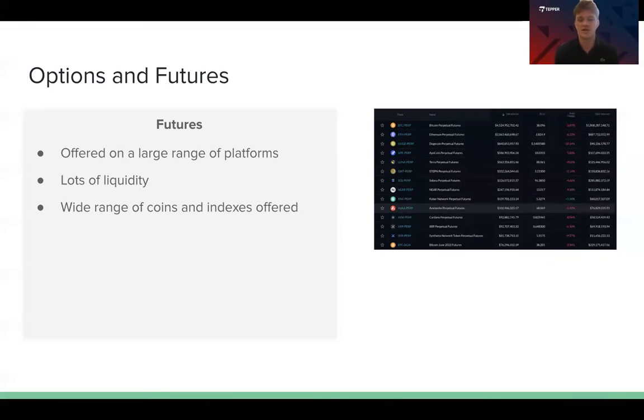For example, FTX offers 190 different perpetual futures on coins, and also offers indexes for stuff like decentralized finance baskets of coins or baskets of altcoins, which allow you to gain exposure to those things without having to individually buy each thing.